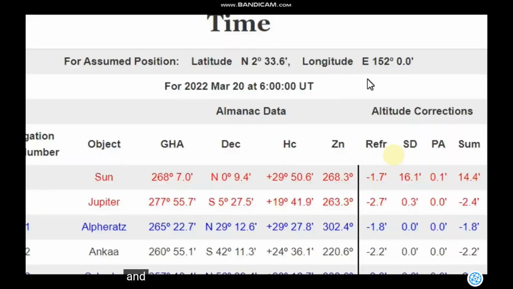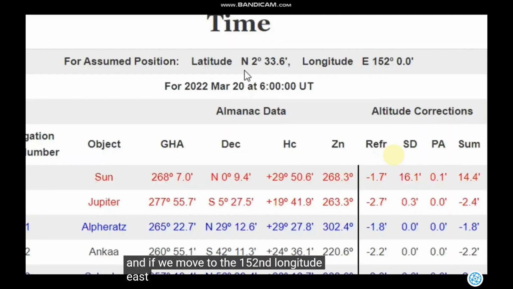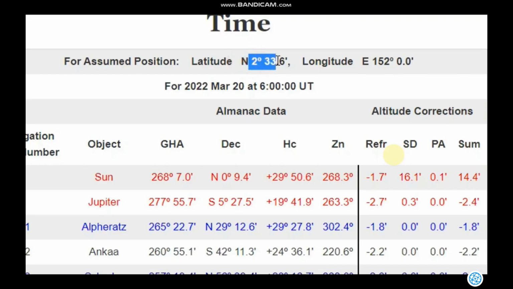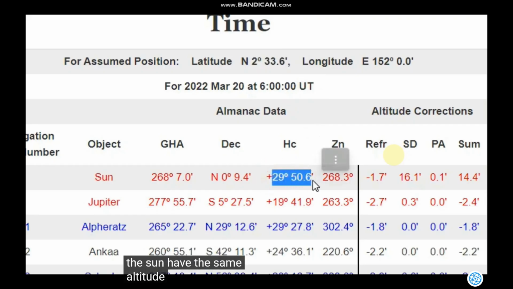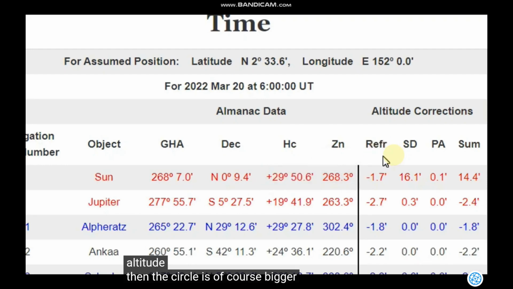And if we move to the 152nd longitude east, 2 degrees north, where the sun has the same altitude, then the circle is of course bigger.